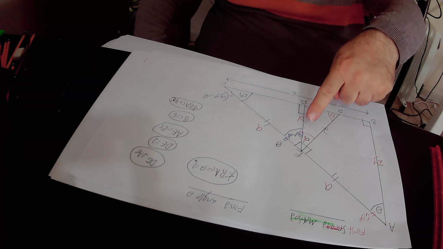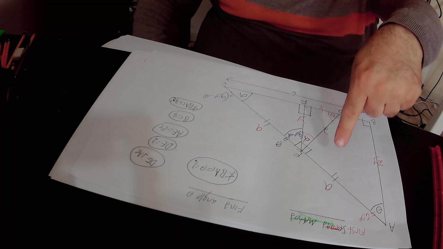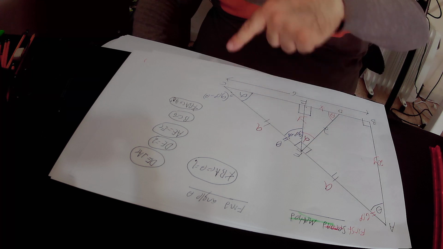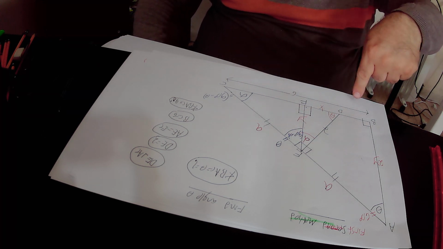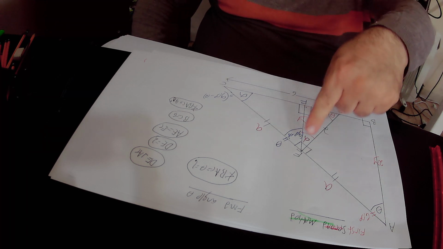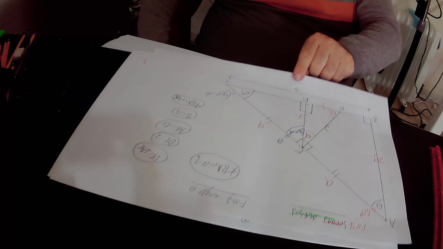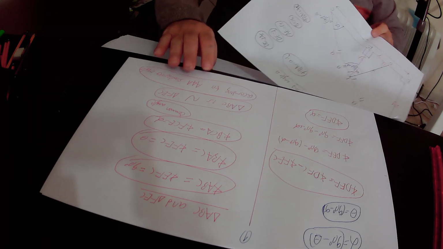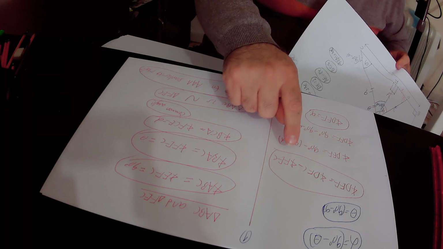The size of angle DEF will be equal to the size of the big angle, angle DEC, minus angle FEC. It is very easy to see from the drawing. I repeat again: angle DEF equals the big angle DEC minus angle FEC.